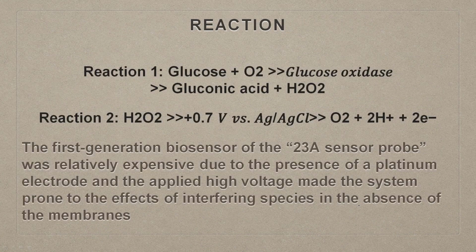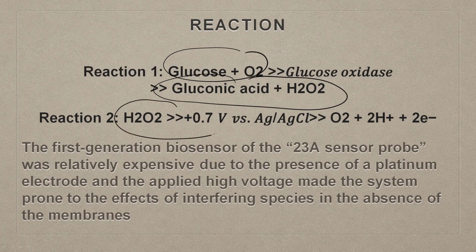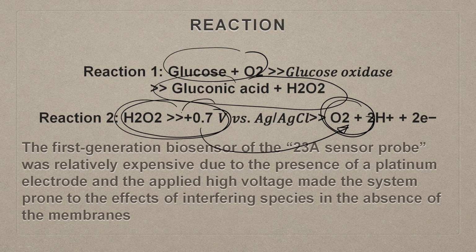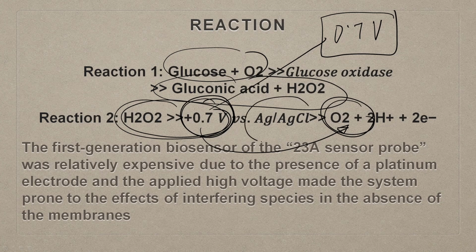Now, if you look at the reaction from electrode point of view, this part is clear to you. Now, peroxide is getting oxidized at this particular voltage versus the Ag/AgCl electrode. So, this is when you give a specific potential on it in order to oxidize it.